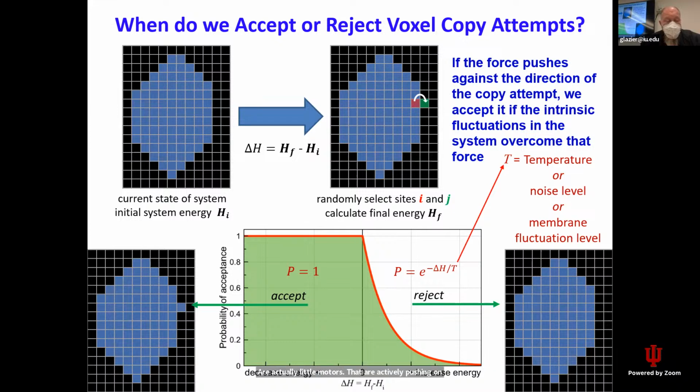And so the cell has a series of little motors inside of it that are continually pushing and pulling on the cell membrane. And so there is force generation inside the cell at all times, random force generation inside the cell at all times. And that force generation can be enough to overcome the force opposite to the move that I'm trying to do.